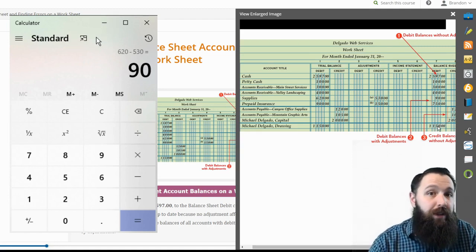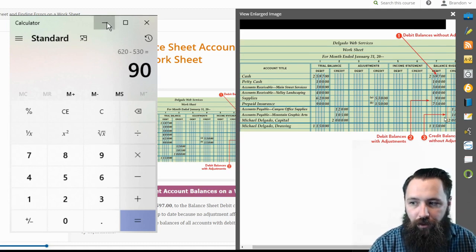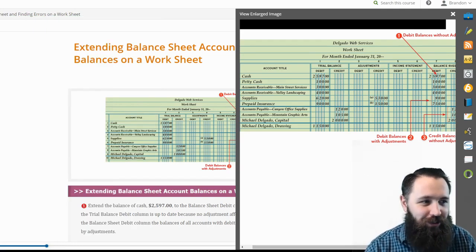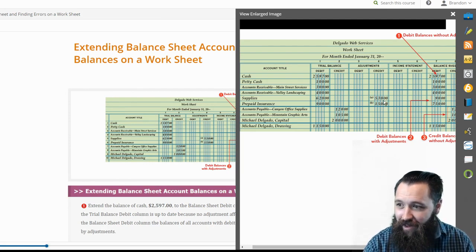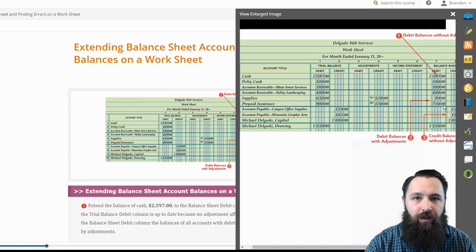Well, we still have more debits than credits, so it's still going to be a debit. It hasn't crossed over and gone into the credit side. So we update that balance here, and it's going to be $90. We do the same thing for prepaid insurance. 900 minus the 150 is 750. And there we go.